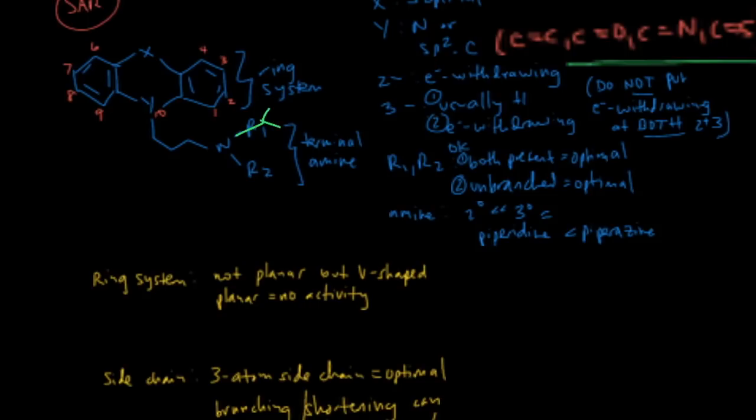That's your branching. You have a carbon here, carbon here, carbon here, 3 carbons. R2 cannot be branching. Branched. That's another branch. So you have carbon 1, carbon 2, carbon 3, carbon 4. So no branching is optimal.